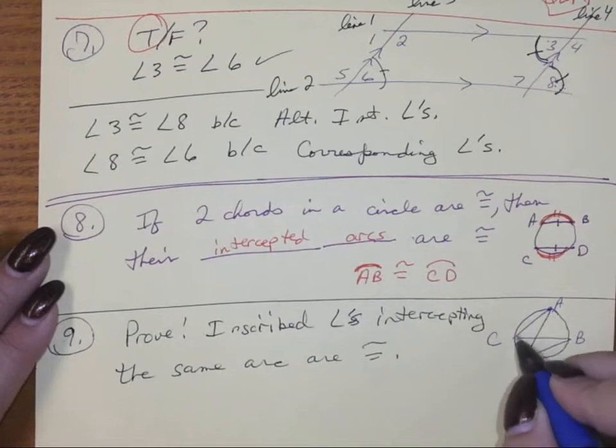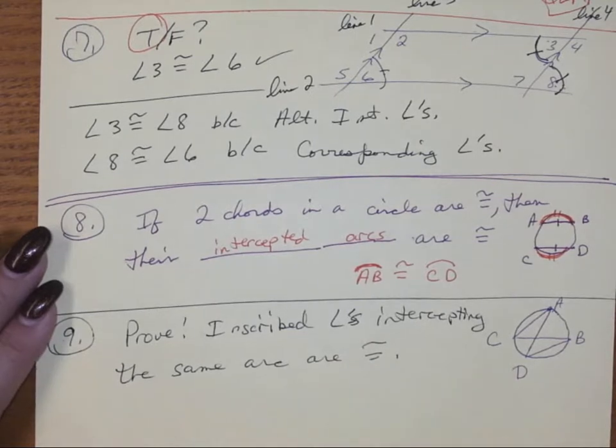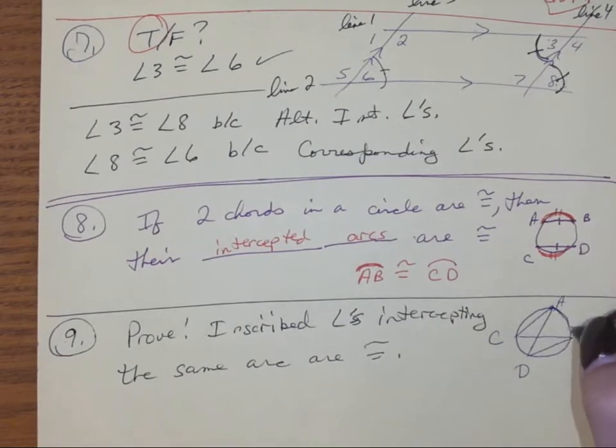So it says ACB is an inscribed angle and ADB is an inscribed angle, and it gives this as circle S. I don't need to put the center there, but you get the point. Okay, so here's what it says. The inscribed angles intercepting the same arc, so AB is indeed intercepted by them both, are congruent. So I need to kind of figure that out is what we're after. Okay.